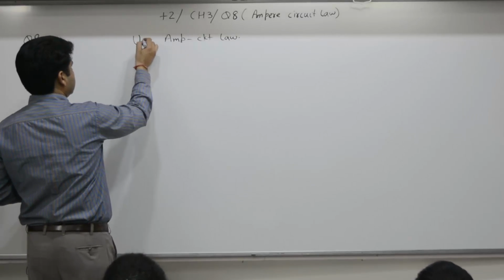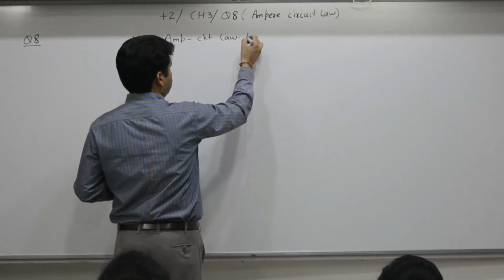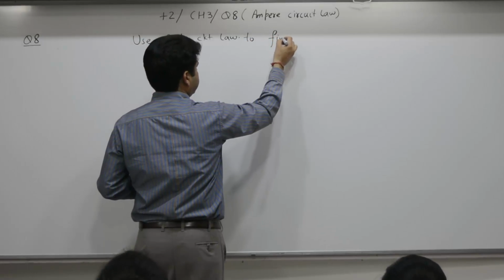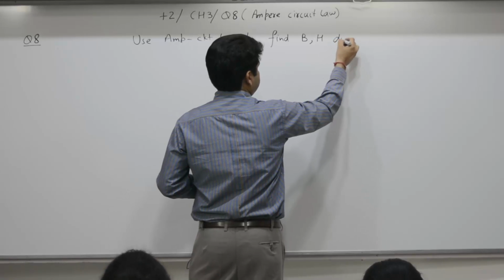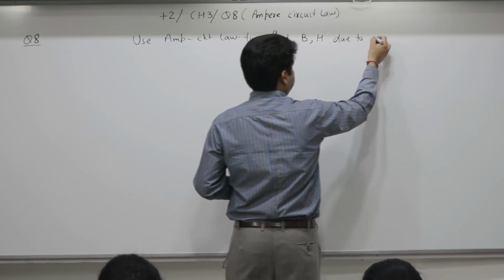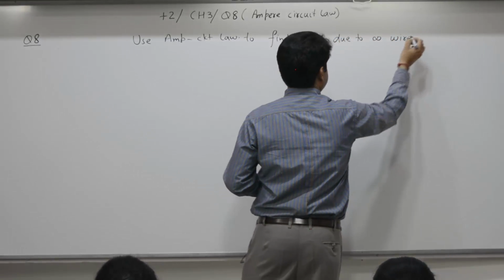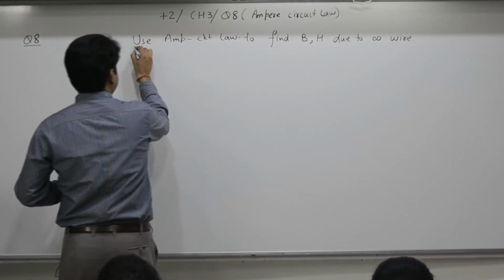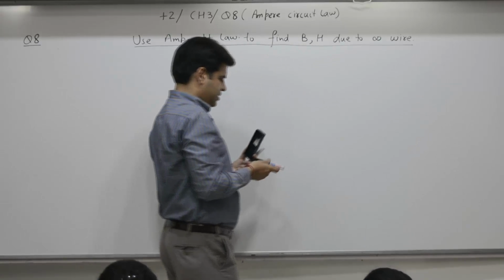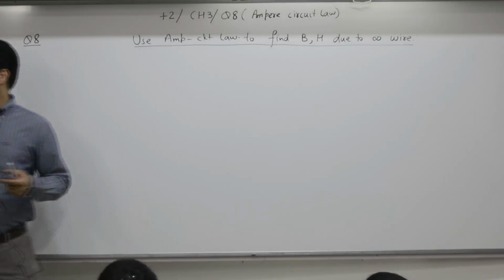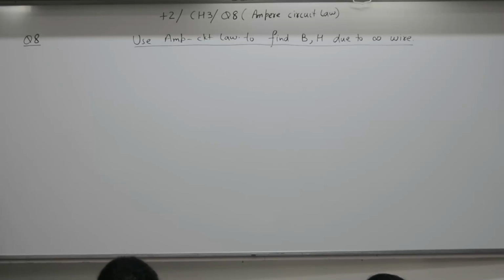Use Ampere's Circuit Law to find B or H due to an infinite wire. Check the result first; it is the same as something you have covered. That means Ampere's Circuit Law is another method to find magnetic field due to an infinite wire.